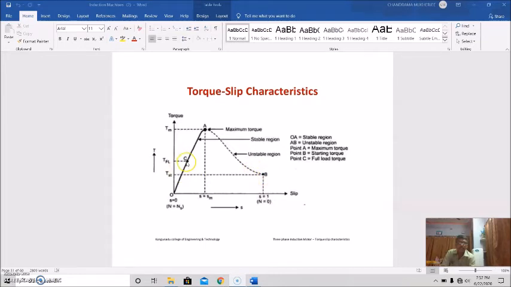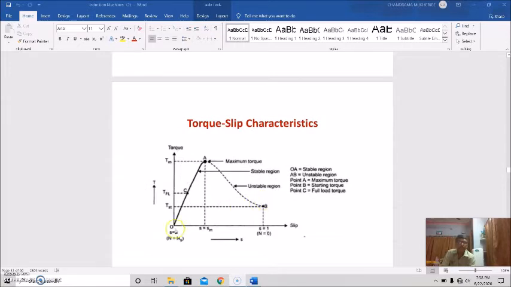This is the full load torque, and this is the maximum torque, at the maximum slip s equal to sm. At n equal to ns, the slip is 0 at synchronous speed, and at starting, that is n equal to 0, the slip is equal to 1.